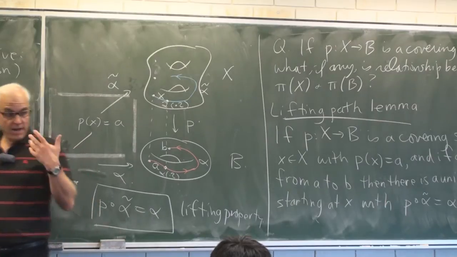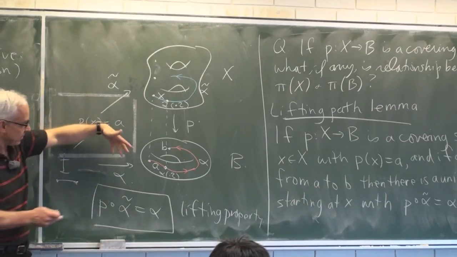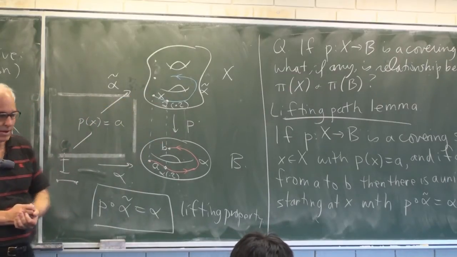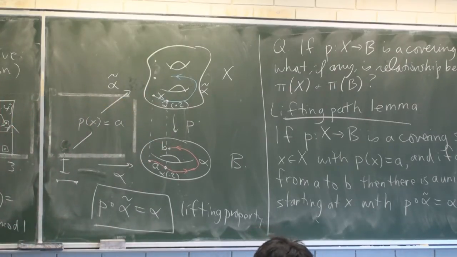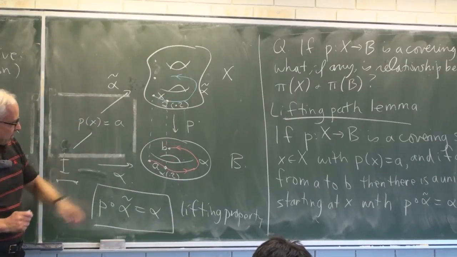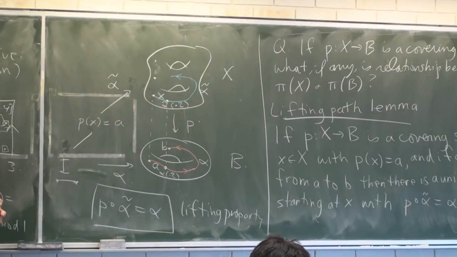All right, so why is this true? Why can we lift such a map? Well, I can show you the idea right on this picture here. So what we do is we say, all right, we're starting with this path alpha down here. And it's beginning at A, and we want the corresponding path up here to begin at x.